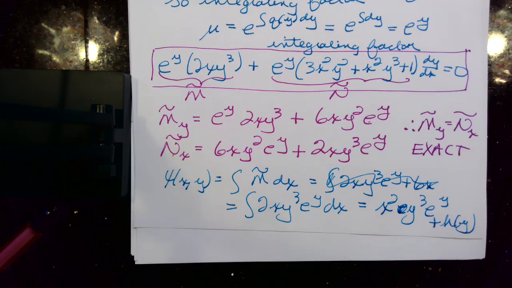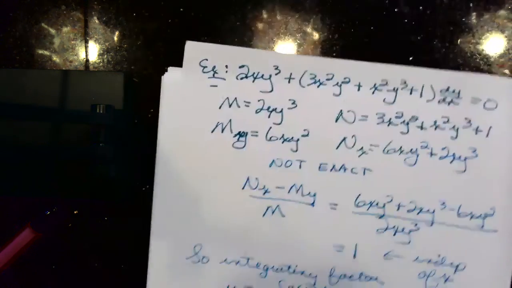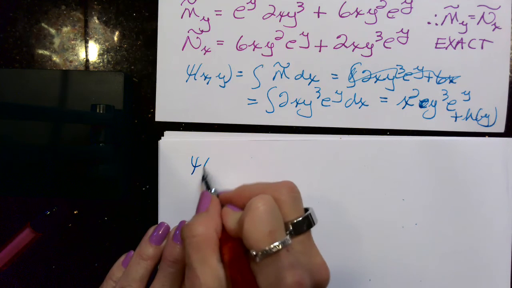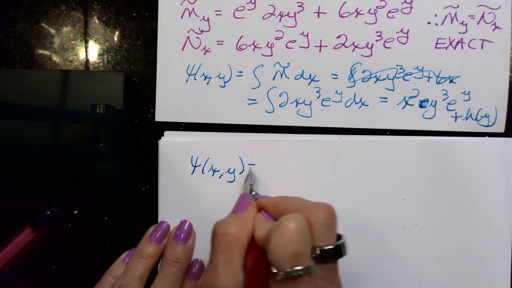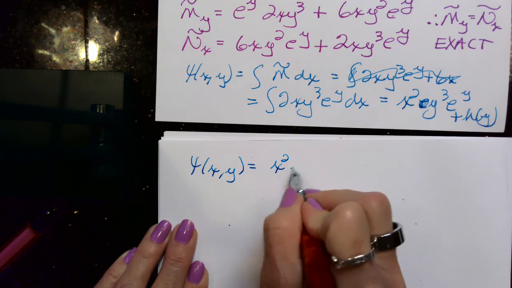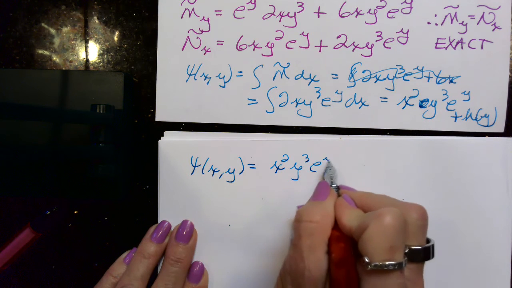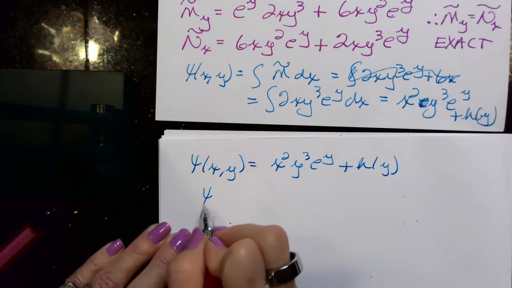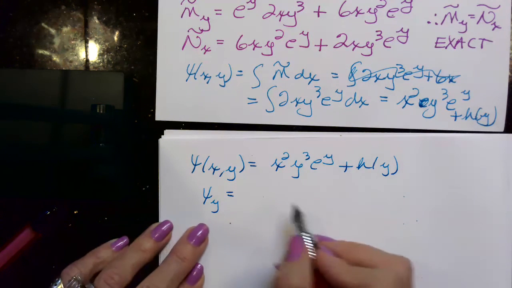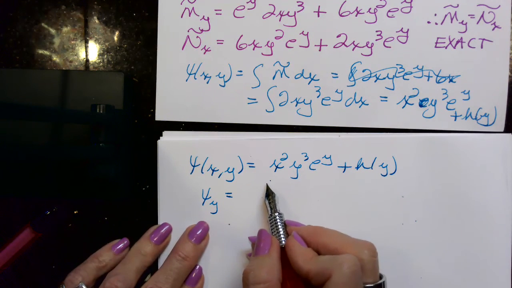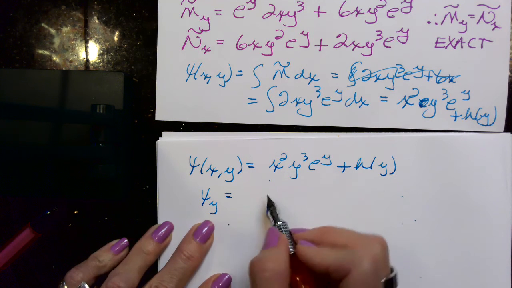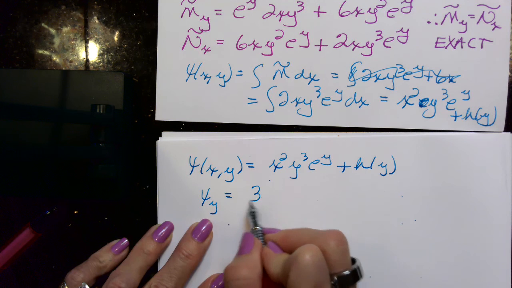Plus an arbitrary function of y. Okay, so psi of x and y is x squared y cubed e to the y plus h of y. And now I take the partial derivative with respect to y, and then I'll compare it to n tilde. When I take a partial derivative with respect to y, I've got to be careful. I get a couple of terms.